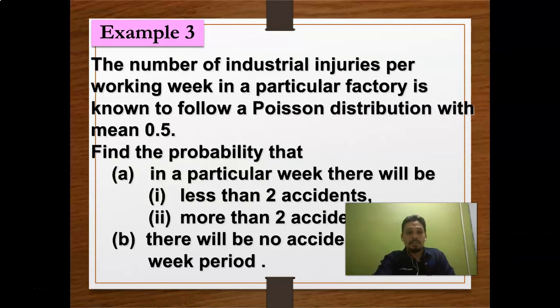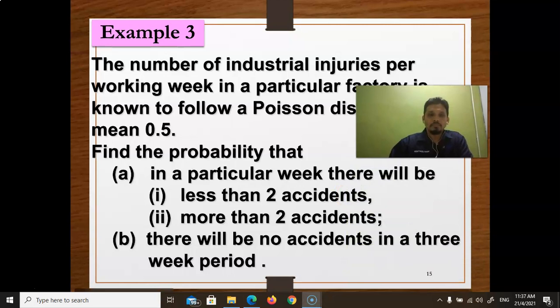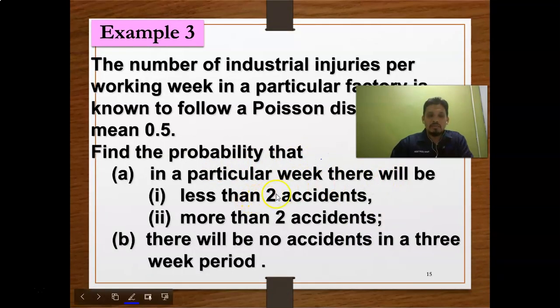Example 3: the number of industrial injuries per working week in a particular factory is known to follow a Poisson distribution with a mean of 0.5. Find the probability that in a particular week there will be less than 2 accidents, more than 2 accidents, and there will be no accident in a 3-week period.